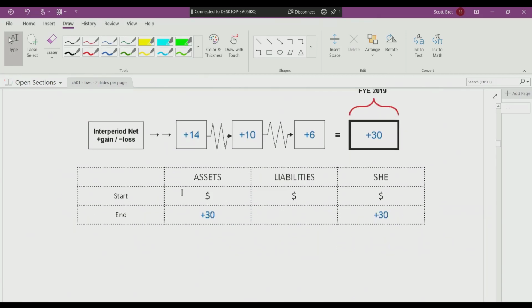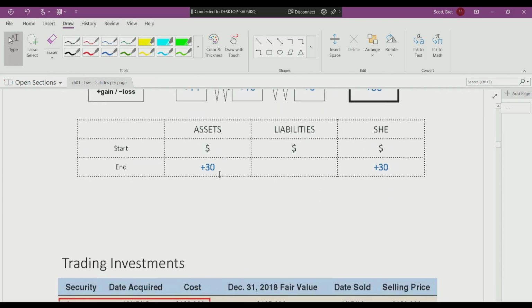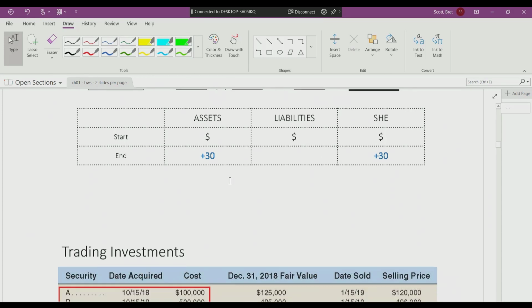What I see is, from an accounting perspective, I start off with whatever my balances are, assets, liabilities, and equity, and I end up $30,000 higher on both sides. I just need to make sure that whatever journal entries and ledger postings I record actually agree with this. So I'm just going to keep this in mind as I go forward.